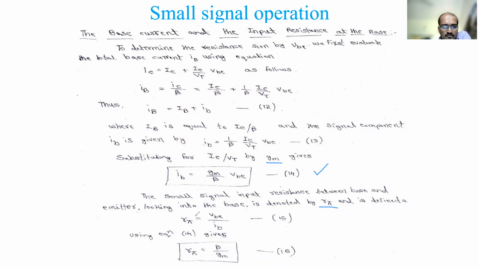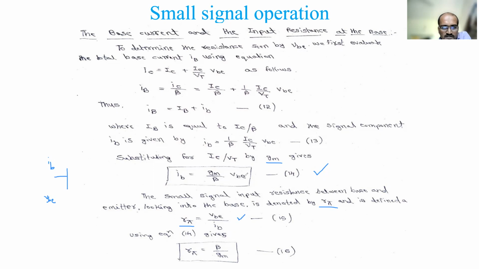At the input side, the voltage is vbe and the current established there is ib. If you take the ratio of vbe by ib, I will get r_pi. This is the basic definition of input resistance.